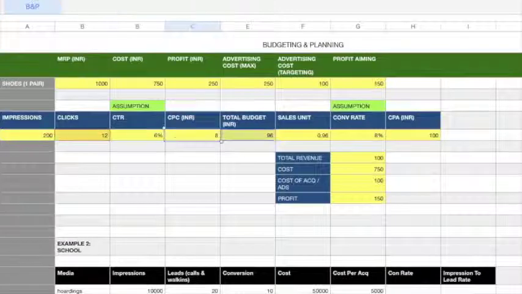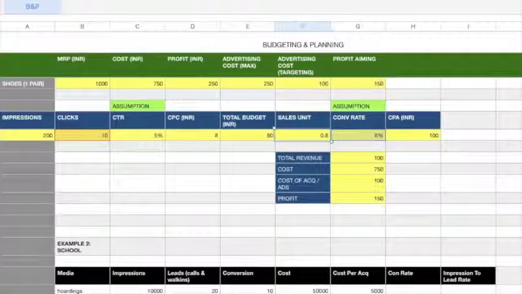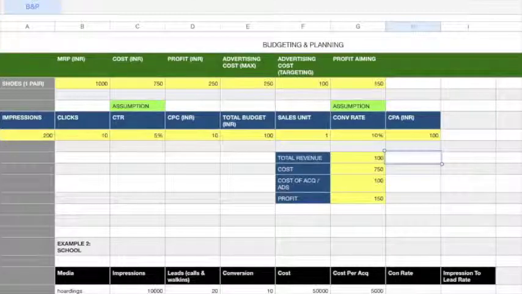So let's say we go ahead with our own old 5% and 10%. Sorry, this is 10%, fine. So we know that my total revenue is 1,000 bucks, right?